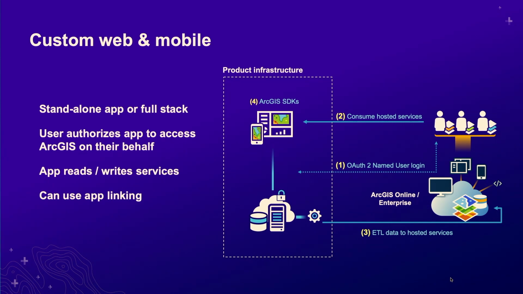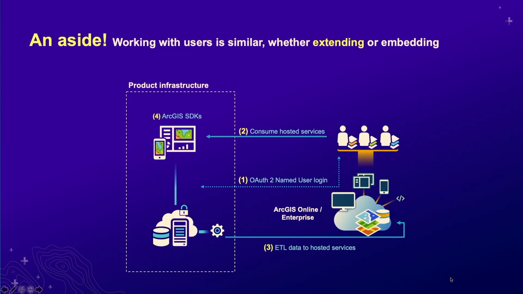Just an aside here, working with users is similar, whether extending or embedding. You still have the OAuth 2 named user login, you still consume services in a similar way, and you still can ETL data back and forth from ArcGIS Online or ArcGIS Enterprise.